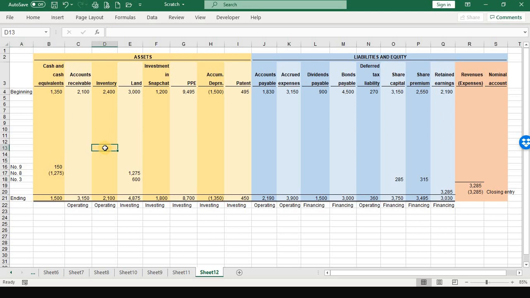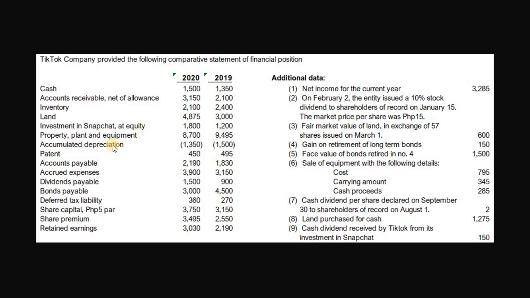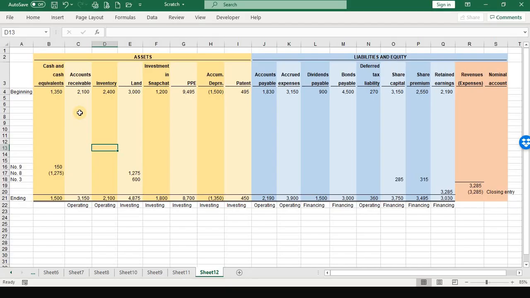The account credited is not dividend income, because dividend income is only credited if the investment is accounted for using the fair value method or the cost model. Since the investment in Snapchat is accounted under the equity method, as stated in the statement of financial position, the dividend received shall not be credited to dividend income.